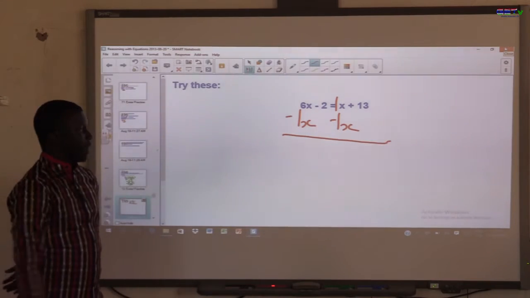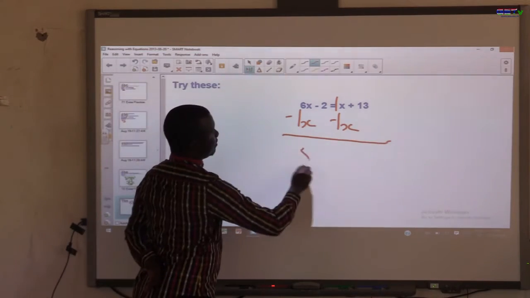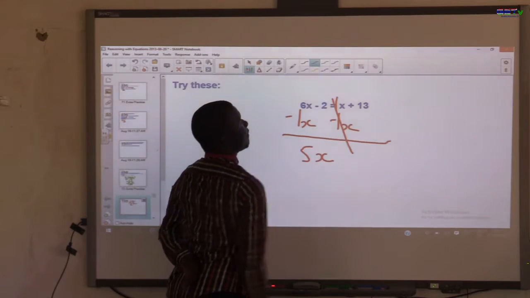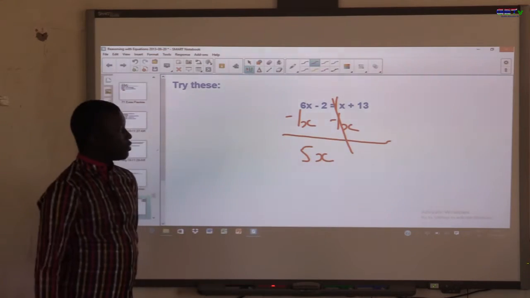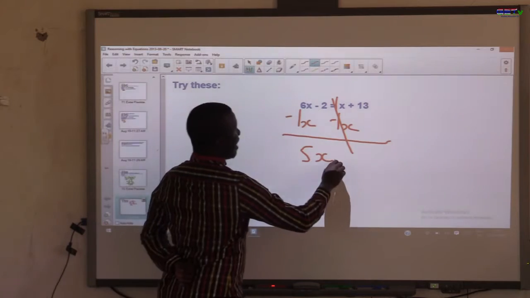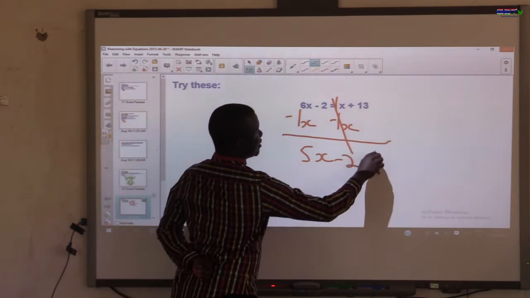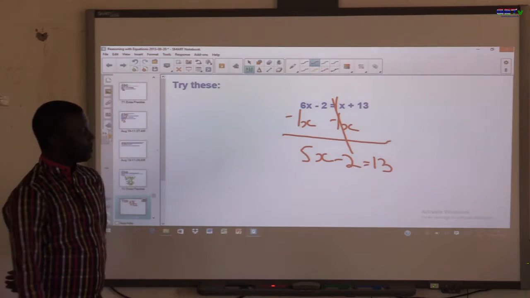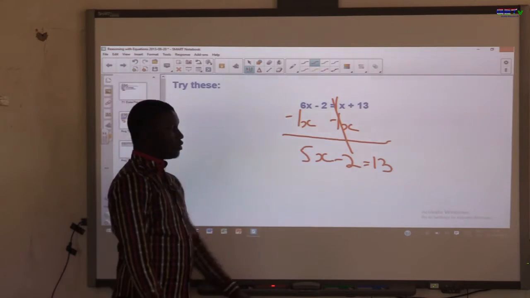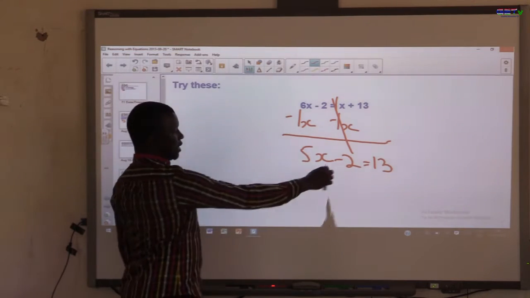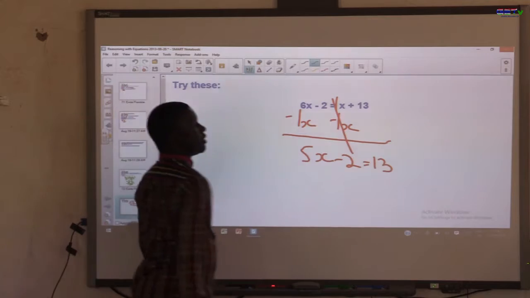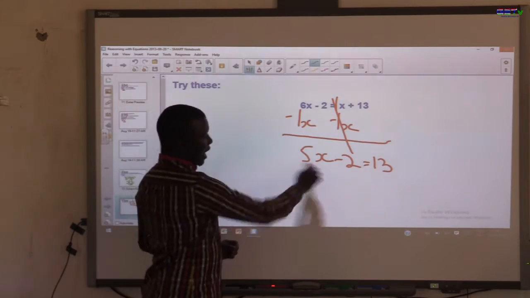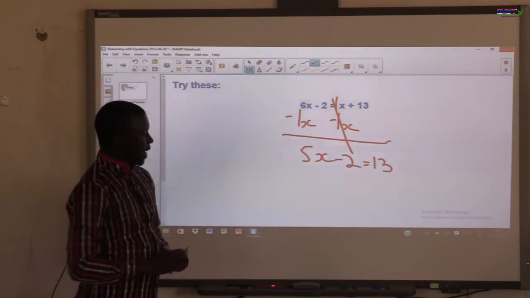So 6x minus x is 5x. x minus x cancels out. So we have 5x minus 2 is equal to 13. We need to undo the negative 2 because we are trying to isolate our x.